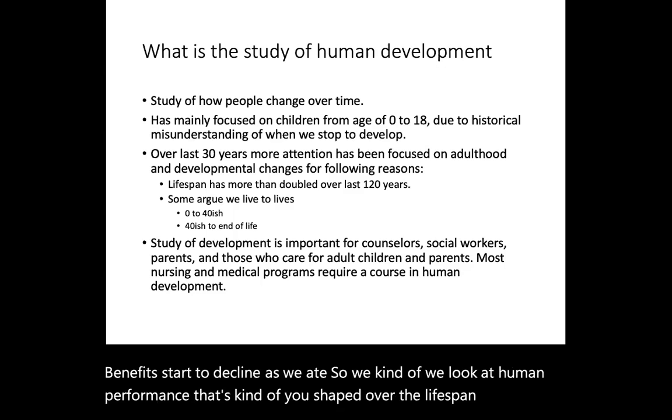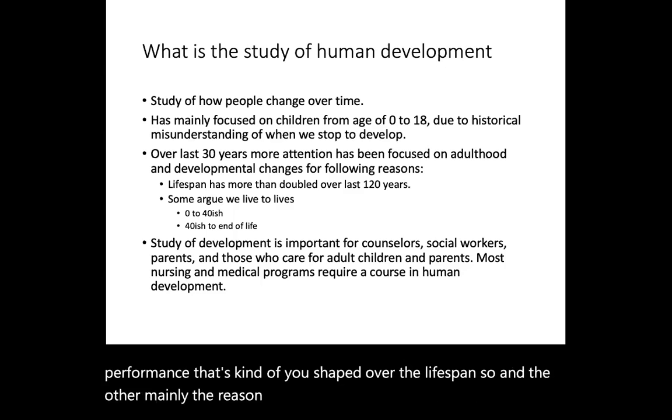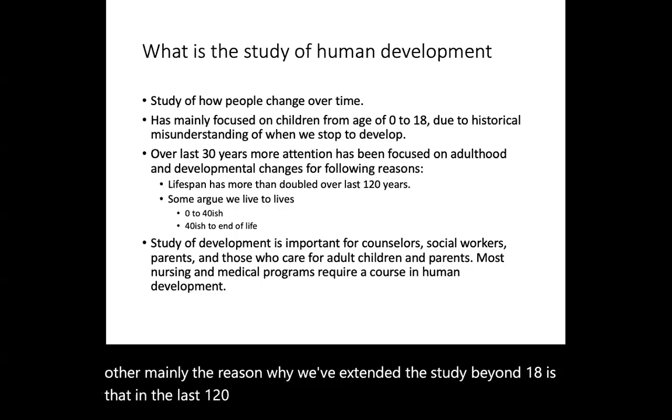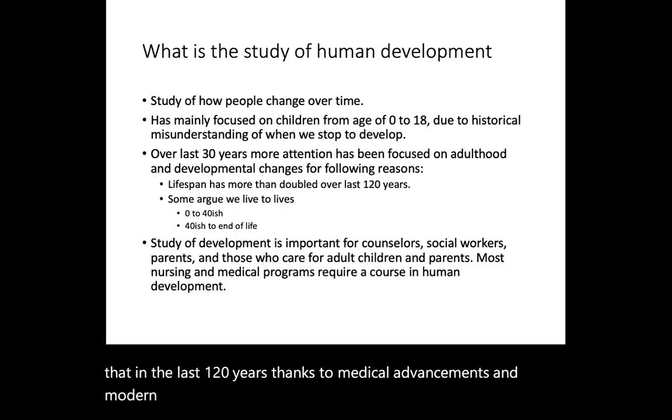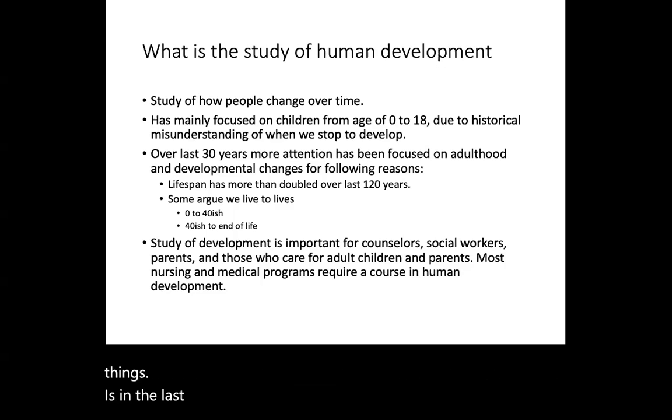The main reason we've extended the study beyond 18 is that in the last 120 years, thanks to medical advancements, modern medicine, and understanding of sanitation and all of those things, the lifespan has doubled for people.